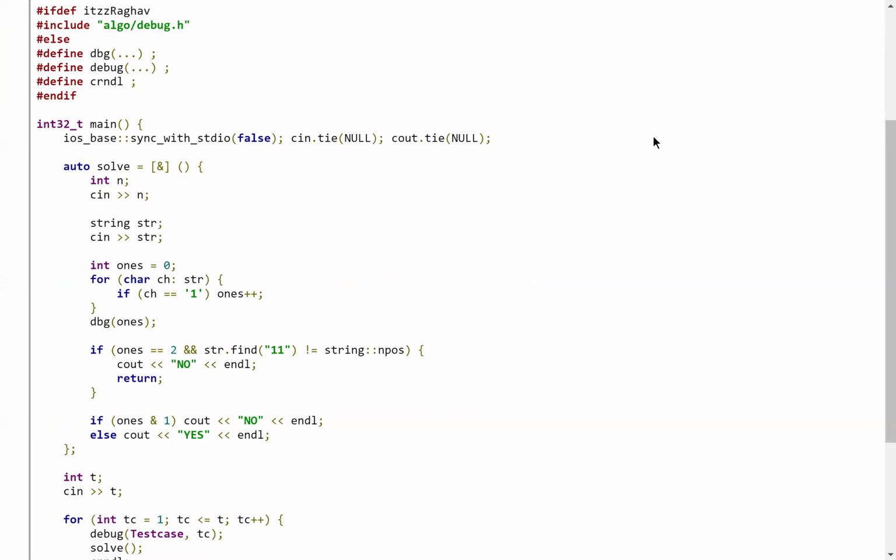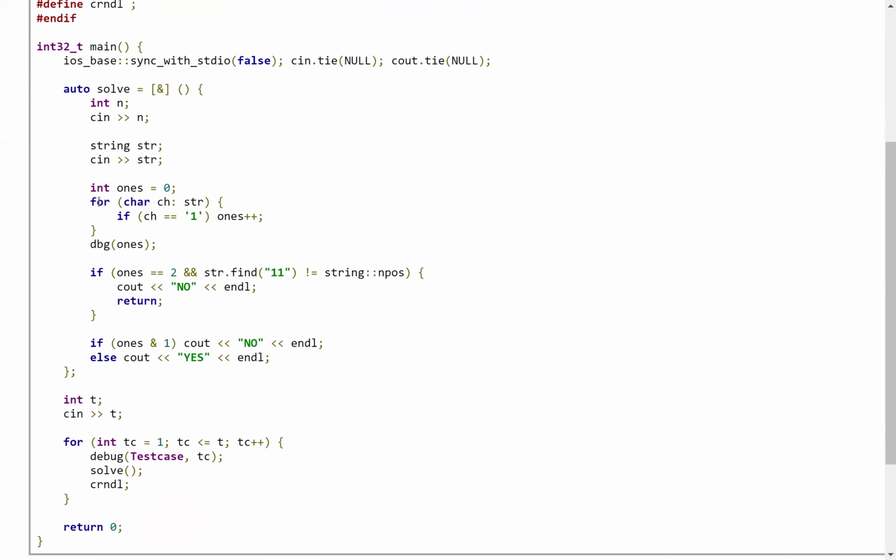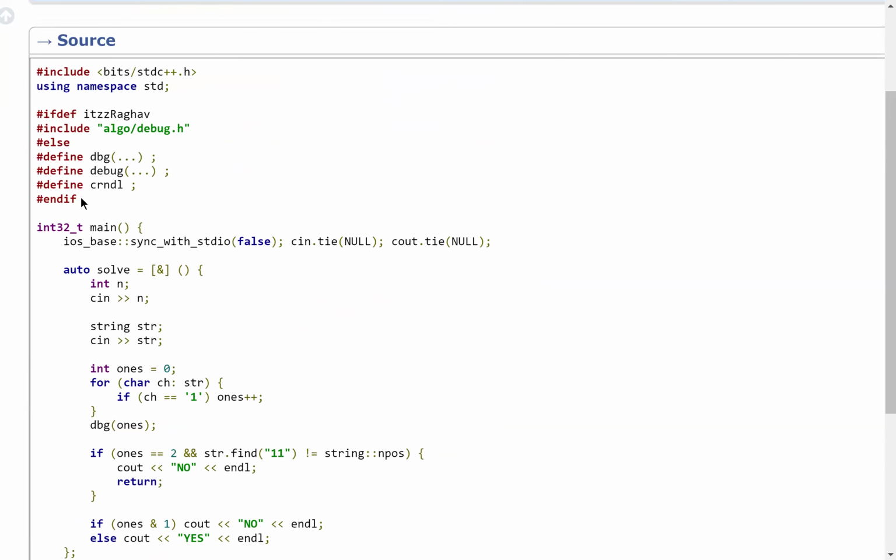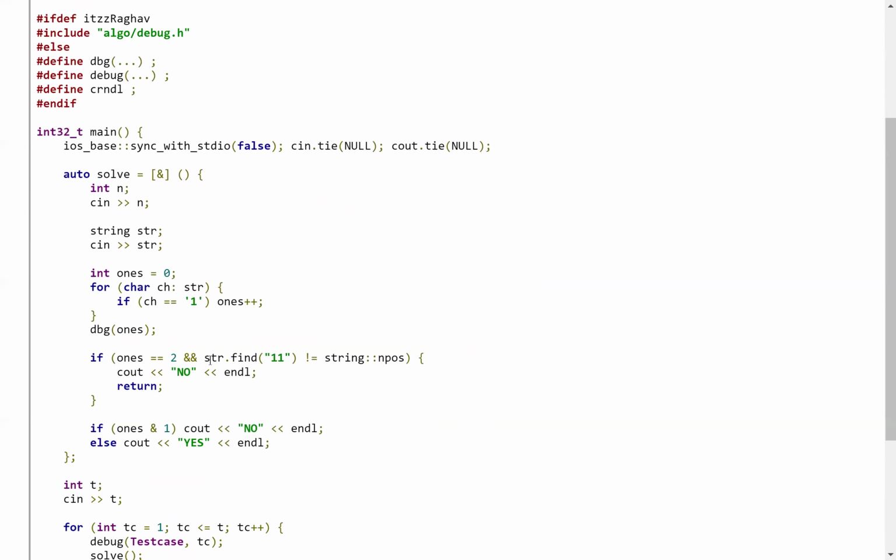And somebody is asking, why do you always use anonymous functions? Why do I always write code in this way? The reason is, if I go up to this place, create a function and then come back here and call it, I will have to navigate a lot. I will have to go up and down in the code a lot of times. And in the ABC problems, we generally have to write the code as fast as possible.